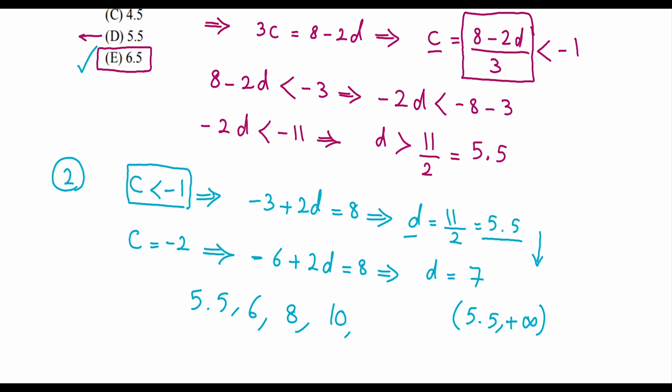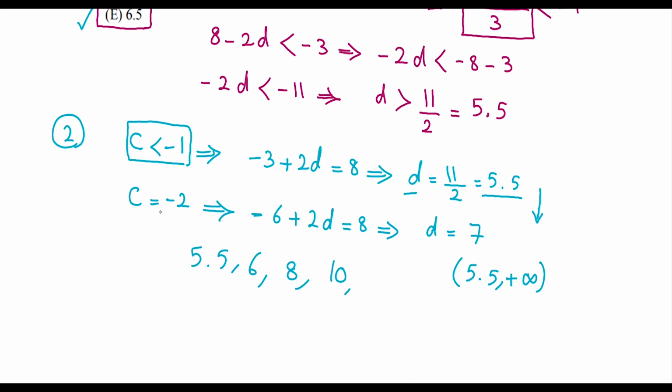But we should remember that this method works because our expression is linear: 3c plus 2d equals 8. Because the expression is linear, we can use this method.